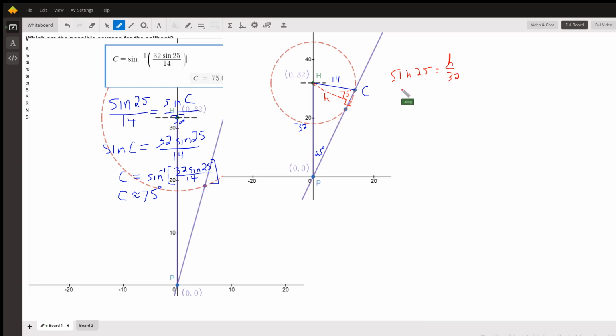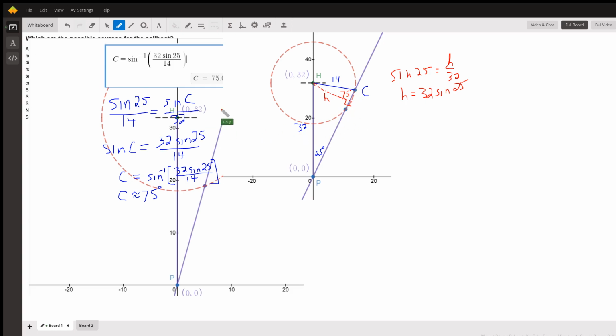So H would equal 32 times the sine of 25, which I believe is like 13 point something. So the fact is this third side of the triangle is greater than the altitude. That means there's going to be two possible triangles, one where we draw this radius and another one where we draw this radius, which I'll go over on the next page.